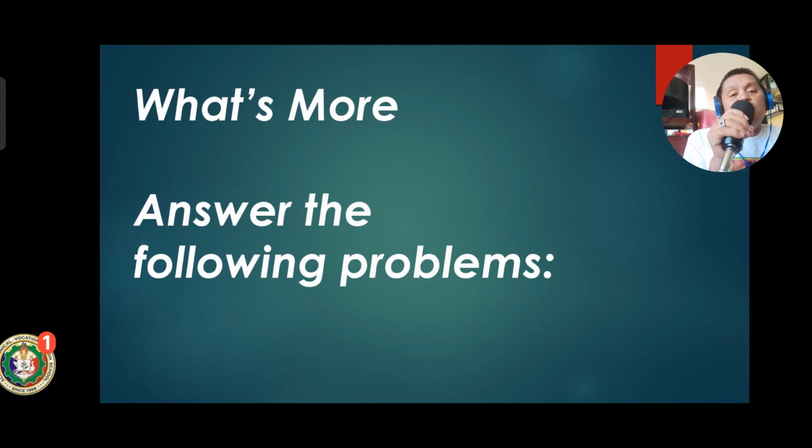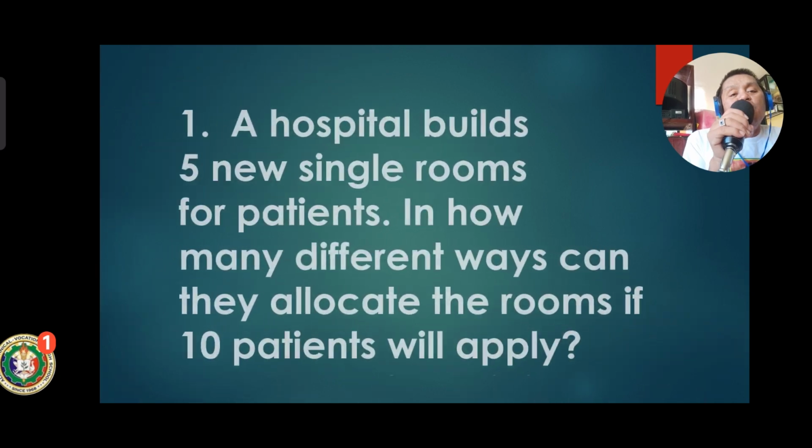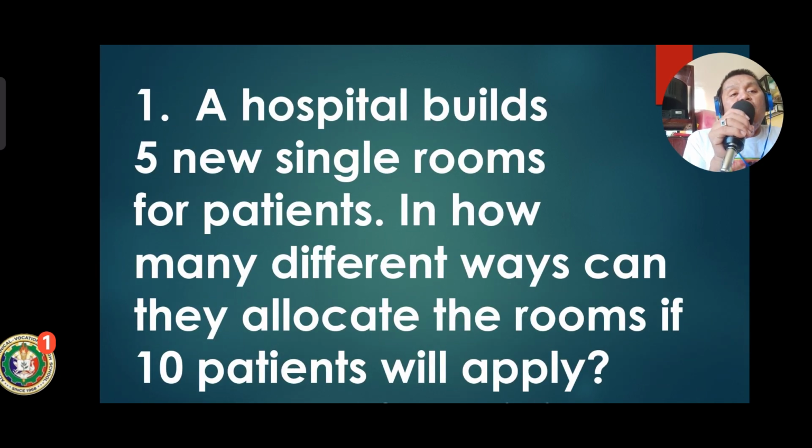What's more? You are going to answer the following problems. There are 4 items you are going to answer. Number 1: A hospital builds 5 new single rooms for patients.